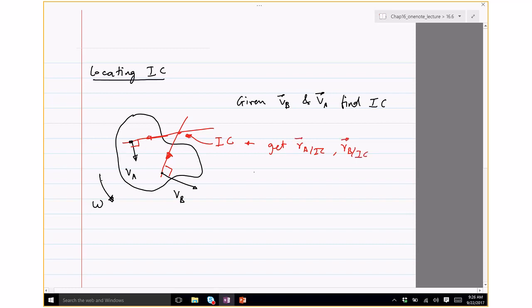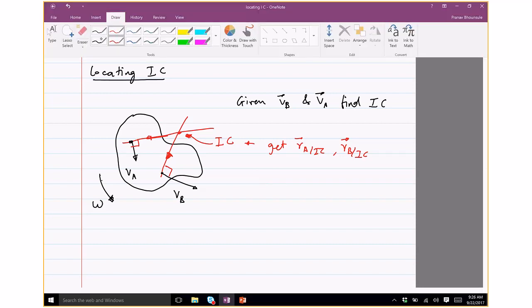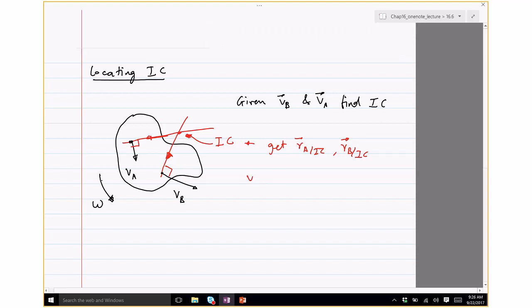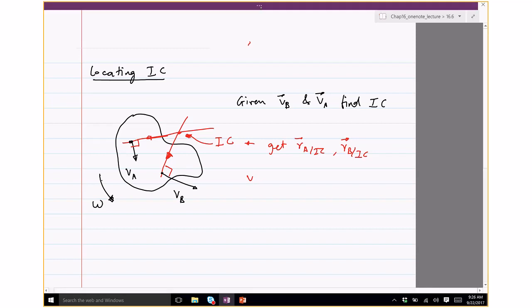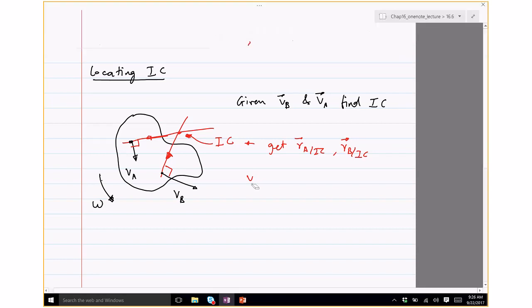So if you know that, then velocity of B, and I'm only going to write the magnitude, is omega times RB with respect to IC, and velocity of A is omega RA with respect to IC. So if you want to find the angular speed, you can use either expression. You could use this one or this one.